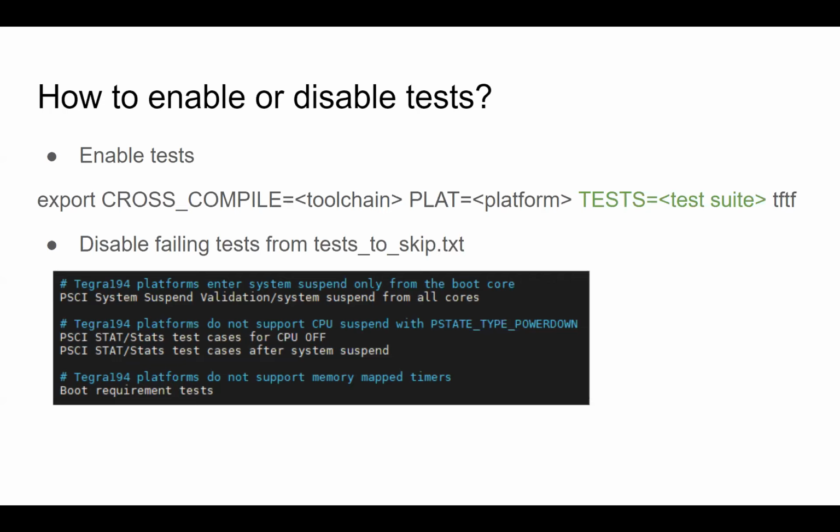So you have that control here. Or if you look at the last line, maybe you don't want to support an entire test suite. Boot requirement tests is a group of tests that you would not want to support. So you just add that to your text file, and then the build process understands that you want to skip this. It does not compile them into your final tests list.c and your final image.